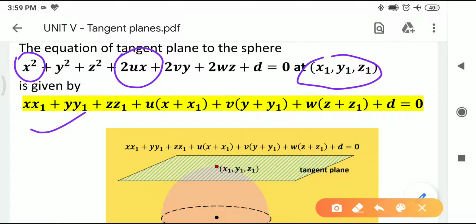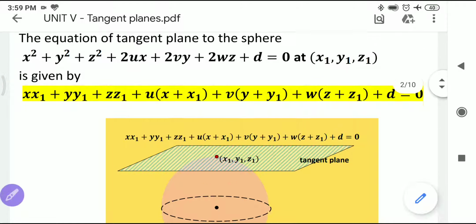So one of the x, y and z you have to replace by the point x1, y1 and z1. So the equation will look like x x1 plus y y1 plus z z1 plus u times (x plus x1) plus v times (y plus y1) plus w times (z plus z1) plus d equal to 0. So easily with the help of the equation of the sphere you can remember the equation of the tangent plane.